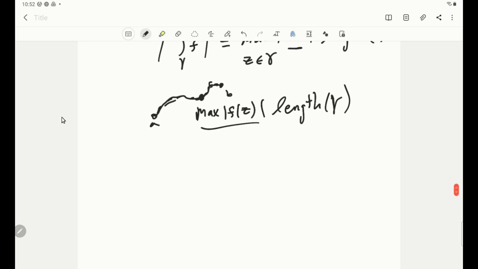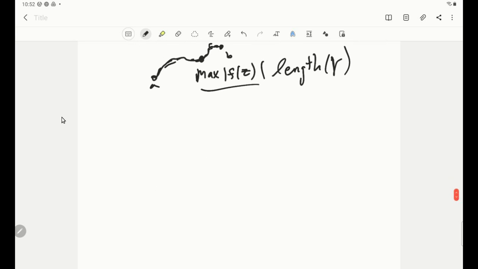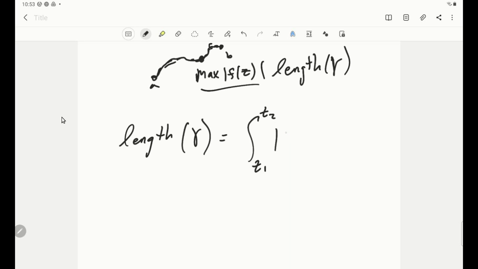Okay, so let's look at length. The length of gamma is defined as the integral from t1 to t2 of the absolute value of gamma prime of t dt.